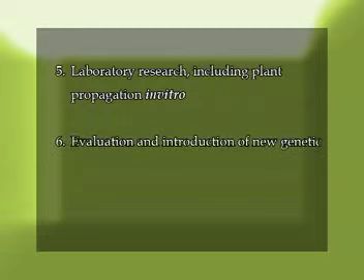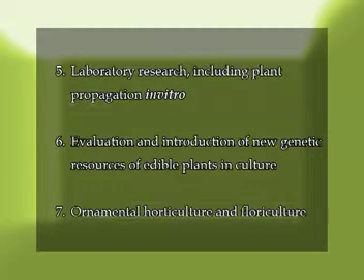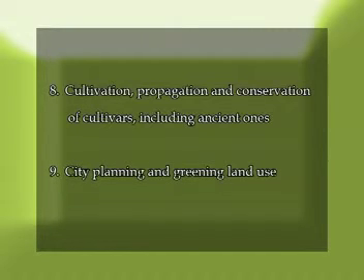Sixth, evaluation and introduction of new genetic resources of edible plants in culture. Seventh, ornamental horticulture and floriculture. Eighth, cultivation, propagation and conservation of cultivars, including ancient ones. And ninth, city planning and greening land use.